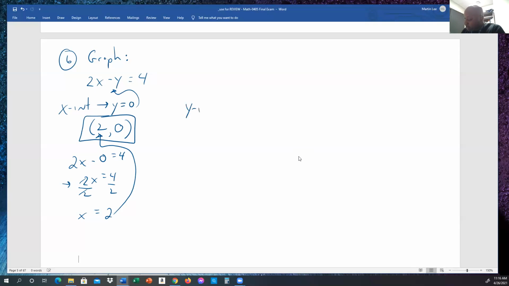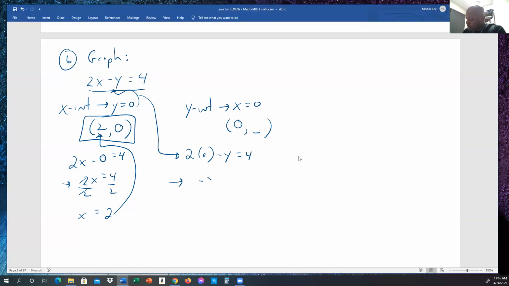Next, for my y-intercept, I let x equal 0. So for my ordered pair, my x is 0, and we're going to find out what y equals. Now in this equation, I'm going to substitute x equal to 0. So I have 2 times 0 minus y equals 4.